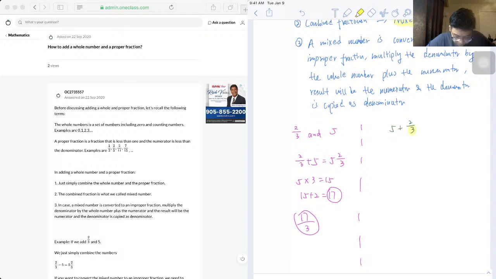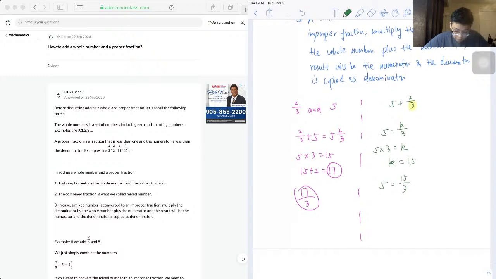Or in other words, we want to convert 5 to a fraction with 3 at the bottom. And so we just move 3 to the left side. So we have 5 times 3 is equal to k. So k will be 15. So now we convert 5 into 15 over 3.